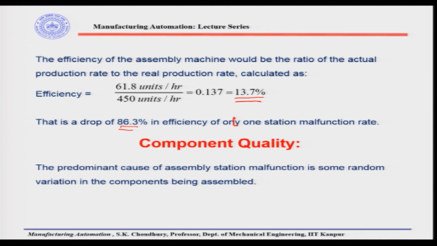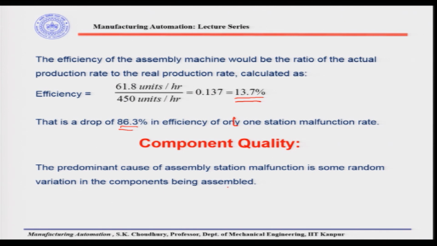The machine does not know, it will try to fit it in, but it will not go, then the machine stops. Once the machine stops, then the adjoining machines, since they are integrated, also have to stop. We will discuss that in detail later, but the predominant cause of assembly station malfunction is some random variation in the components being assembled.